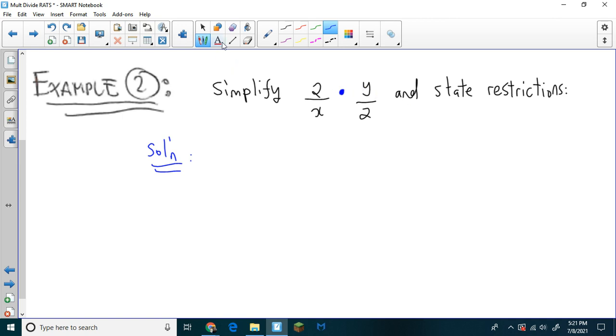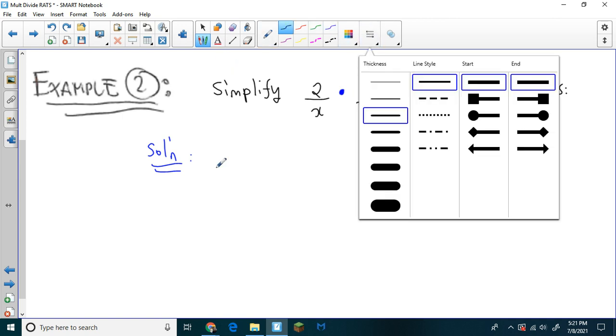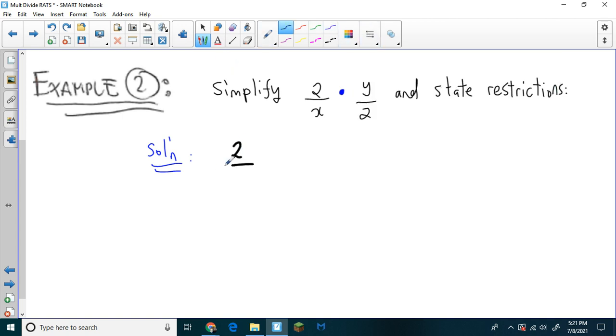We want to multiply this and state restrictions. So it's going to be 2y over 2x, and hopefully you see that these 2's can cancel because 2 over 2 is 1. So I am left with y over x.